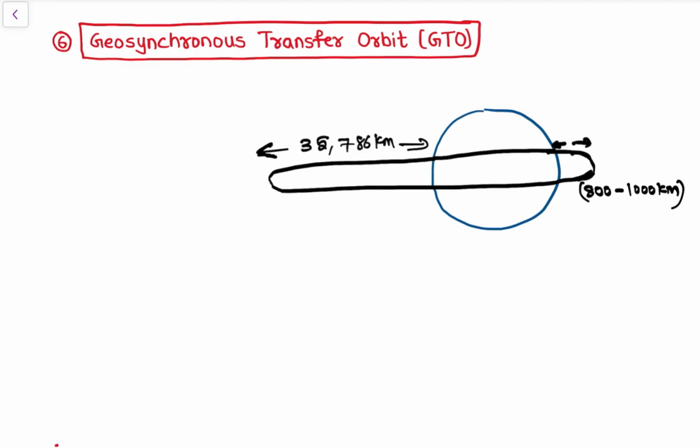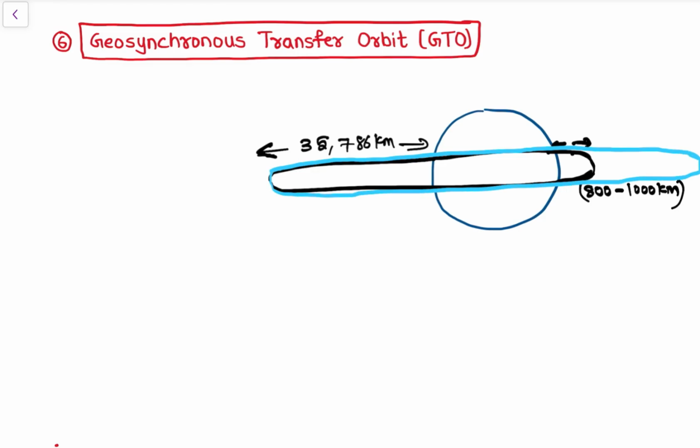अब what is the use of this is, see, we need to send a satellite to geostationary orbit or geosynchronous orbit, right? So let's take a geostationary orbit, right? Geostationary orbit is 35,786 kilometers and east side also 35,786 kilometers, right?